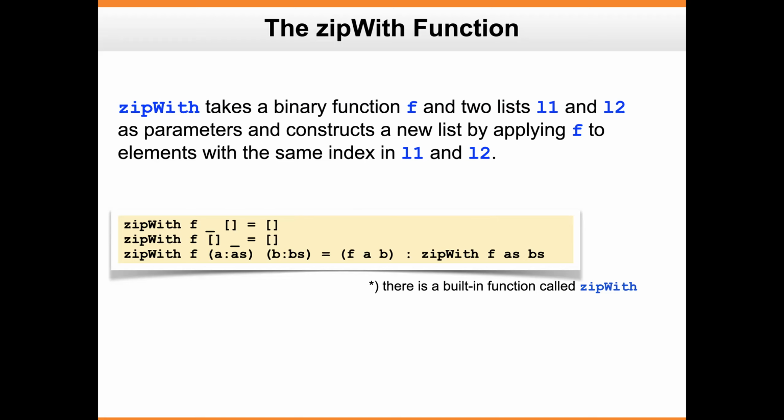The third case says for any F and any two non-empty lists, I apply F to A and B, the respective first elements, and then concatenate this with the result of applying zip with the same F function parameter, but to the rest lists of A, B, AS and BS. The result is concatenated with the result of applying F to A and B.